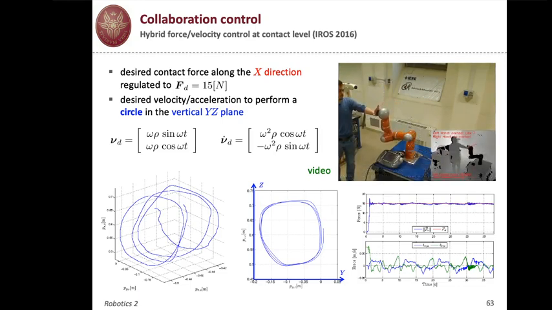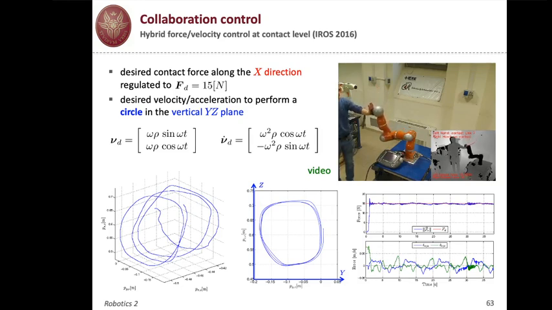So you're regulating, and you can see also the red arrow on the depth space image, which remains more or less in the direction of the X, of the absolute X, while the hand is moving in contact along a circle.